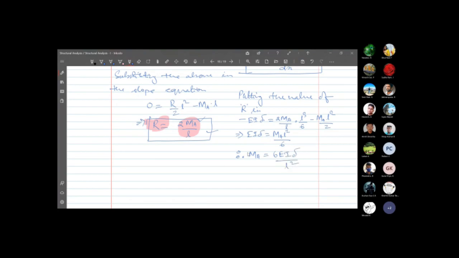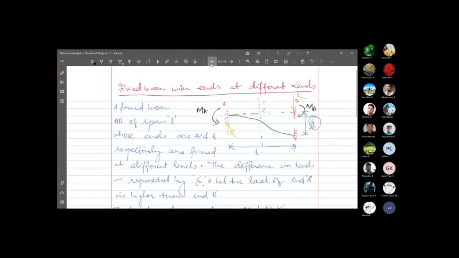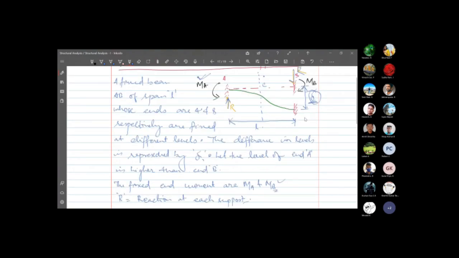Please understand why we are expressing it in terms of delta: in the question the delta value will already be given. So we expressed this moment in terms of delta, then we expressed the reaction values in terms of delta.